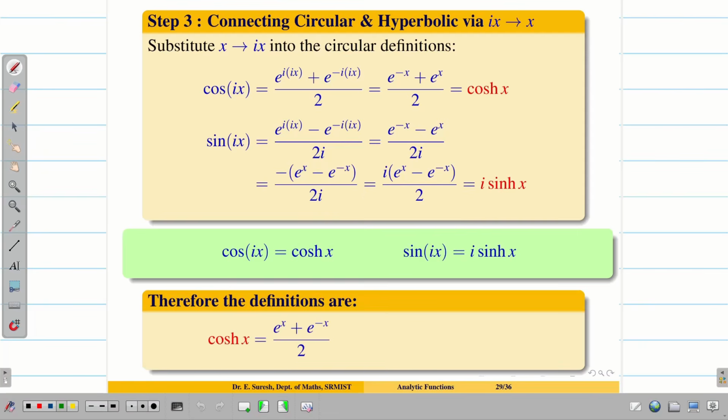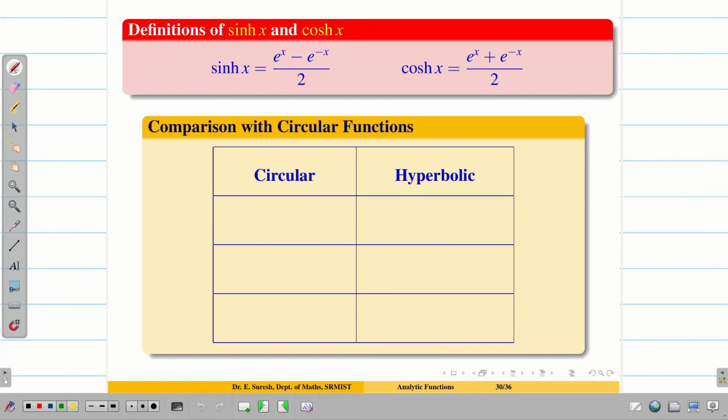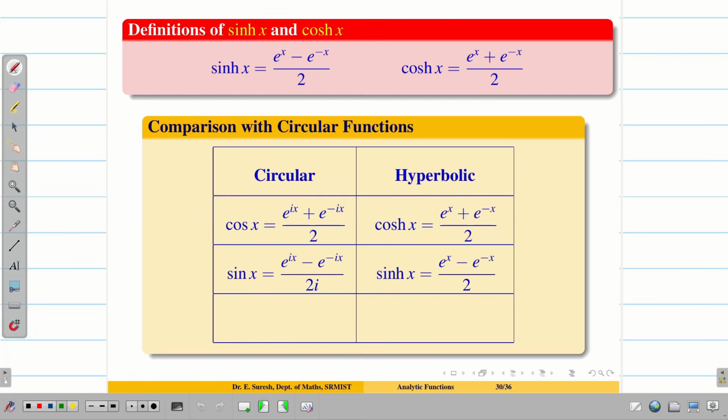The cosh x formula is e power x plus e power minus x by 2, and the sinh x formula is e power x minus e power minus x by 2. Hope you understand. Now we can compare the formula for cos and cosh x, similarly sin and sinh x. And we know the famous result, cos square theta plus sin square theta equal to 1.